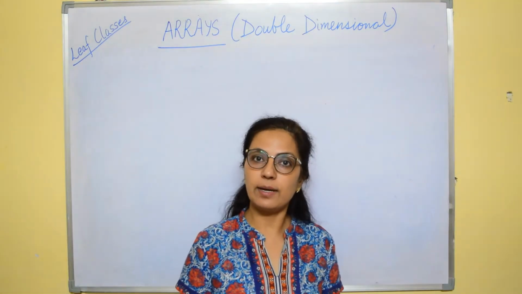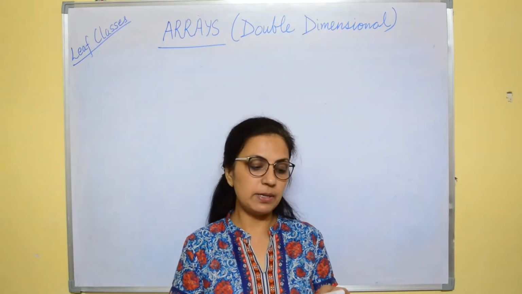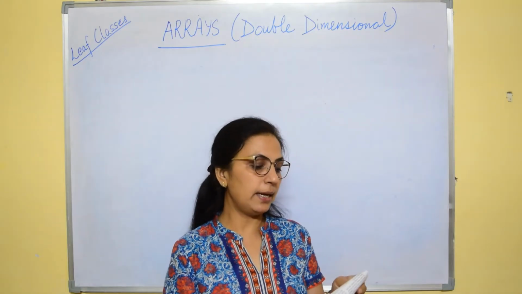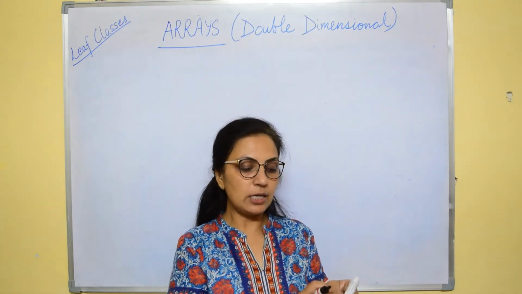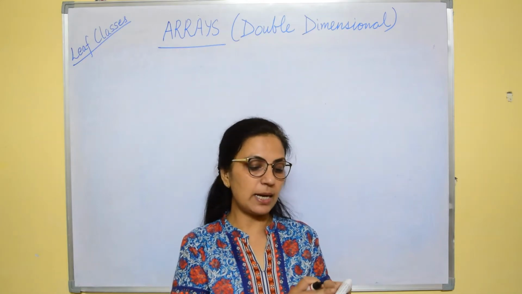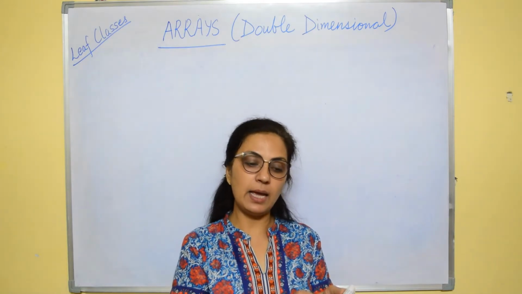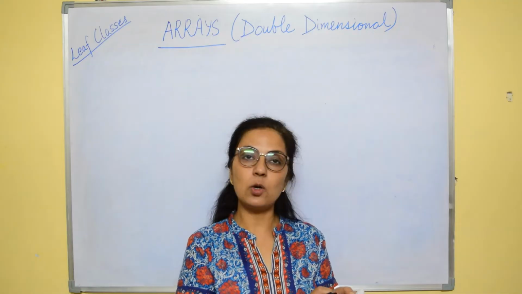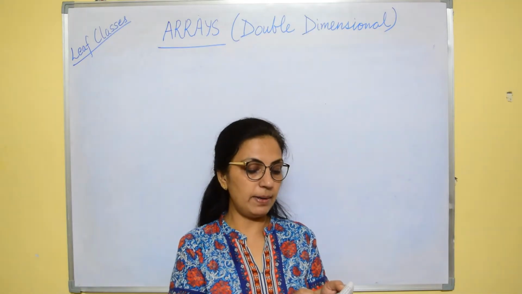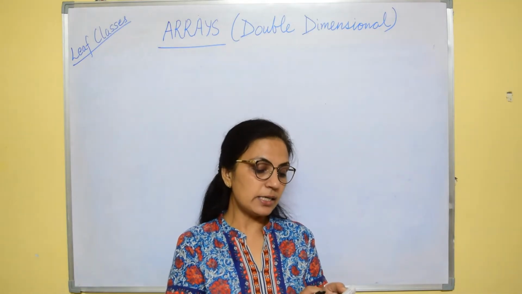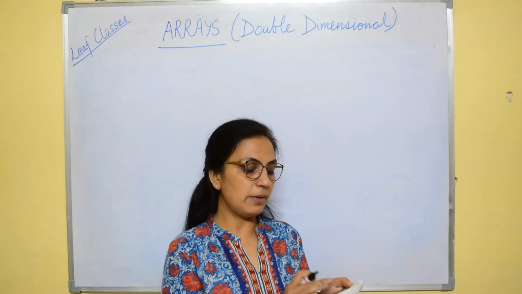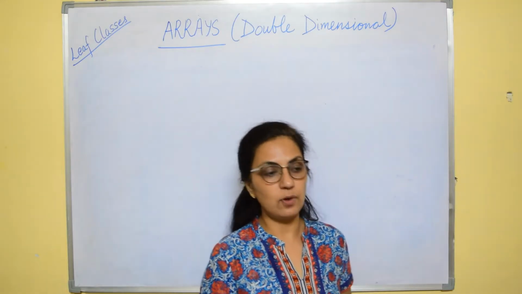Now I am just reading the council syllabus for double dimensional array. Declaration, initialization, accepting data in double dimensional array, sum of the elements in row, column, diagonal elements left and right, display the elements of double dimensional array in matrix format.